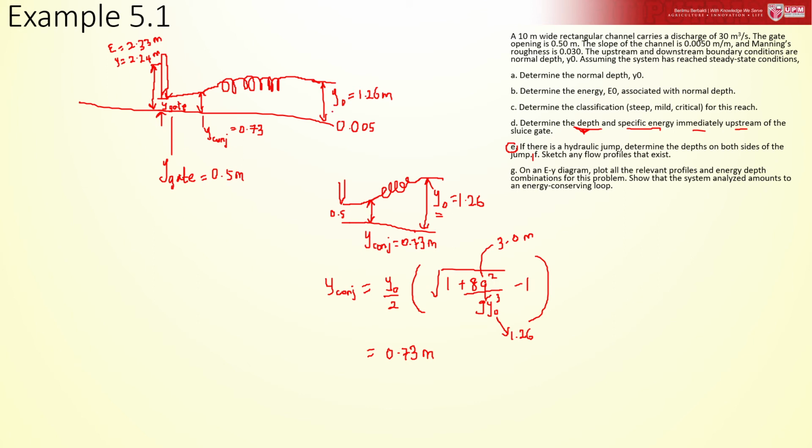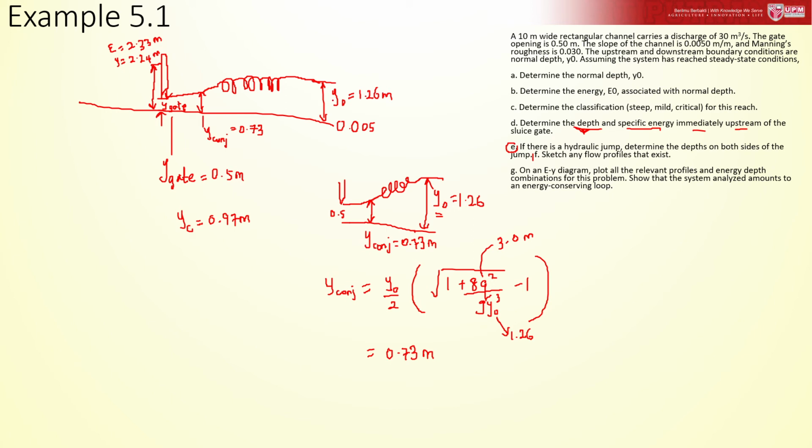Do you know where the critical depth is? We calculated the critical depth, so please look at the previous part 1 video. The critical depth calculated was 0.97. So we have YC equal to 0.97 meter. So 0.97 meter is somewhere above the y conjugate.